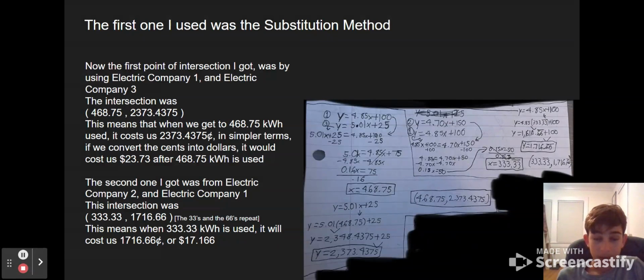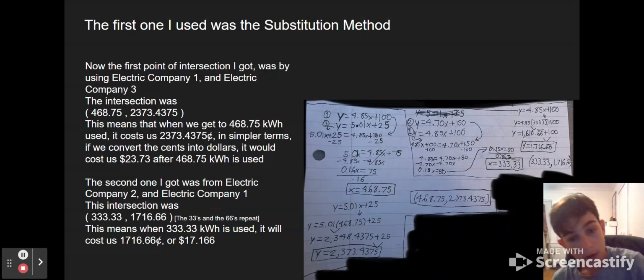Now, that seems like a lot, but if we convert the cents into dollars, it would actually cost us $23.73 after 468.75 kilowatt hours is used. That's not really a lot, which is pretty good.